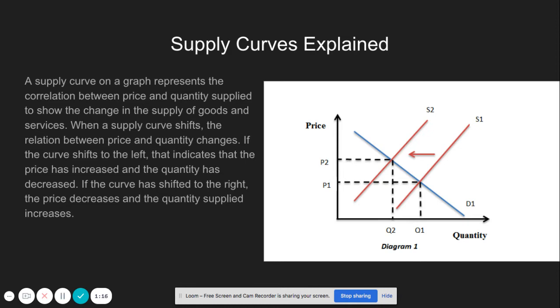For example, in this graph, the supply is shifting left. That means that the price has increased, but the quantity has decreased. And the other way around, if it was shifting to the right, then the price would decrease, but the quantity would increase.